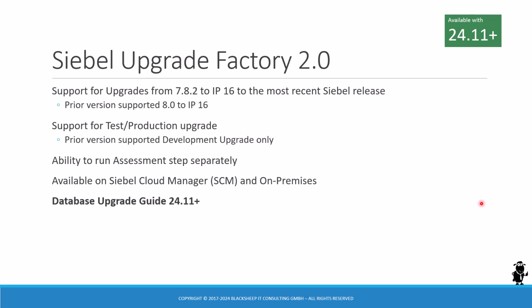If you're still on any release between 7.8 and IP16, you can use the improved Siebel Upgrade Factory to run your assessment, your development database upgrade, and even your test and production database upgrades, either using Siebel Cloud Manager, with the power of OCI, or your on-premise Siebel version 24.11 or higher. And more about upgrades in a few moments.